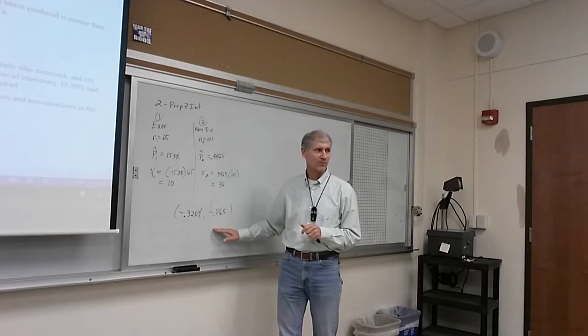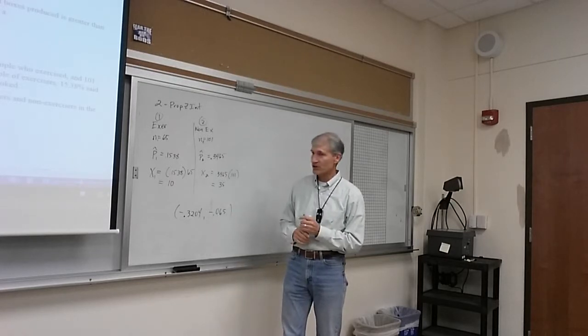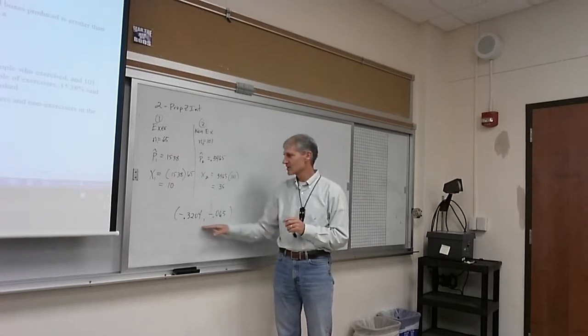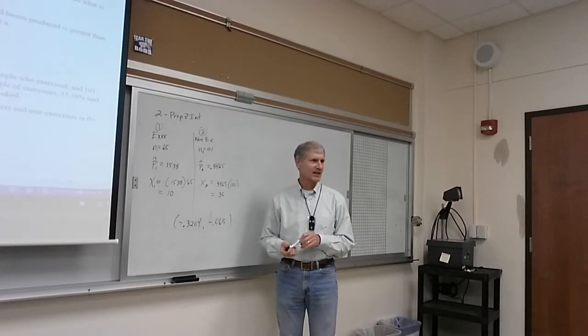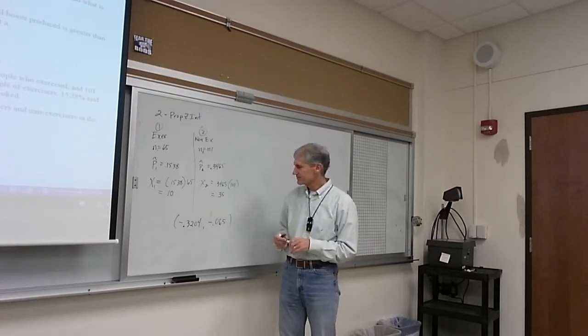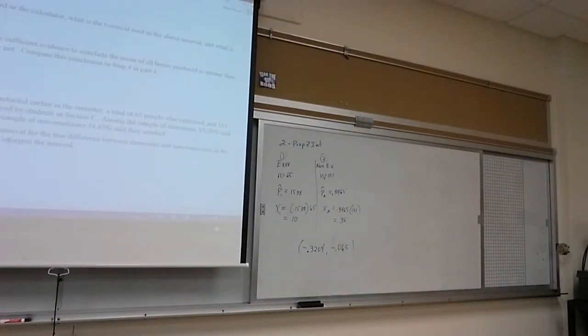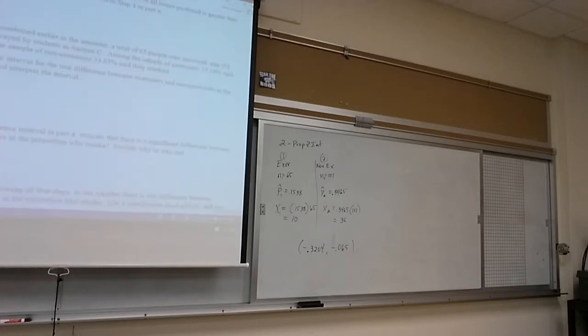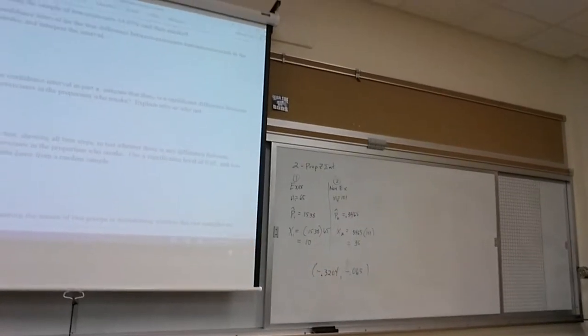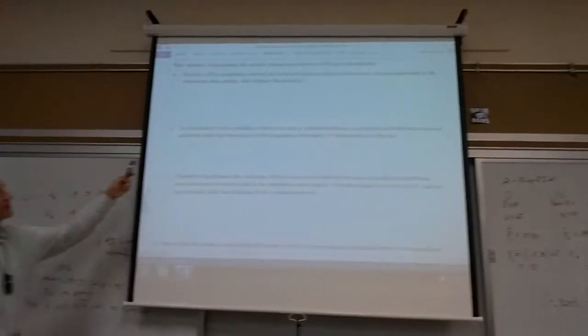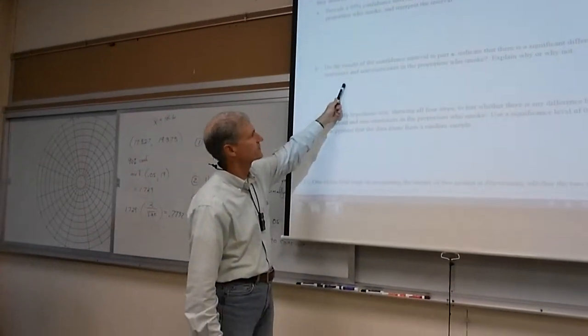If you don't put the difference, you're saying, well, I think the proportion is in this interval. Well, those are negative numbers. You can't have a negative proportion. And then it's probably going to ask if this is sufficient evidence of a difference. Do the results in the confidence interval indicate there is a significant difference?